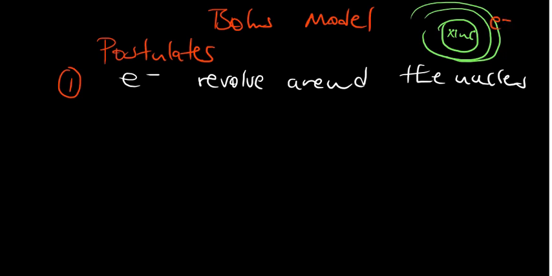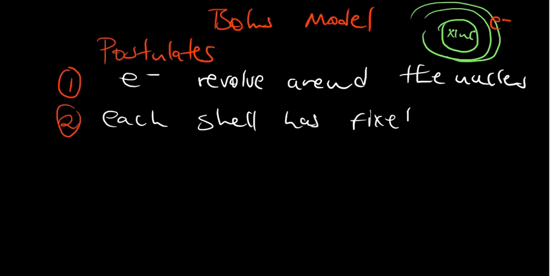Okay. Number two, the other postulate of Bohr, says each orbit or shell has a fixed energy. So we represent these energies, of course, using integers. So each orbit, each shell, has a fixed energy. That's why we call them energy levels.